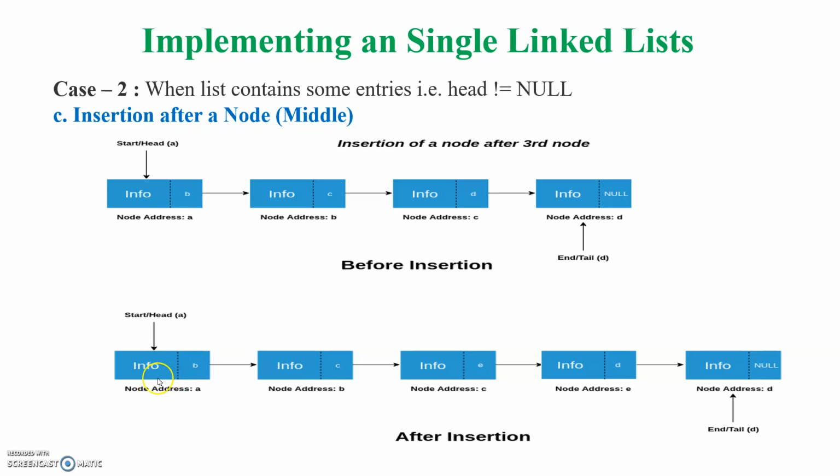It browses from node A, it moves from node A to node B, and then it has to insert a node C here. In that situation, it creates a new element, and the new element's address is going to be stored at the previous node, that is B, and the new element's next is going to point to the node E. So this is how the insertion is going to happen.